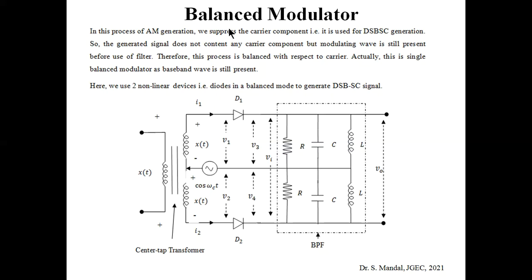But here we will observe that the modulating wave is still present in the equation. So it is balanced with respect to the carrier, and that's why it is also called a single balanced modulator, because the baseband or message signal is still present in the equation, and we shall observe it.